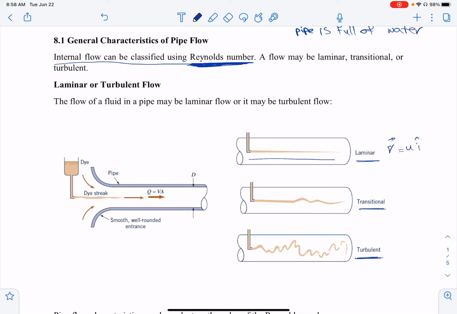And then for turbulent flow, it's unsteady and has random components. So then the velocity is a mixture of all the components that we can have.